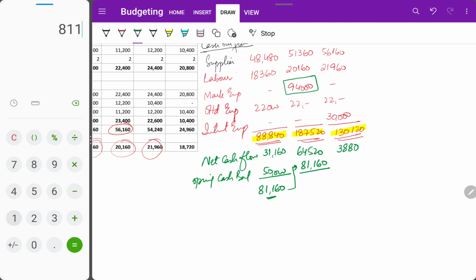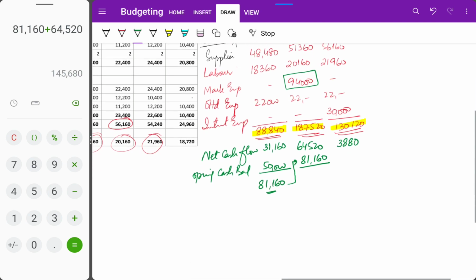So 81,160 plus 64,520 is 145,680. Oh, sorry, what did I do? We have to deduct this figure. There's a problem, I think. Yeah, this figure is negative.